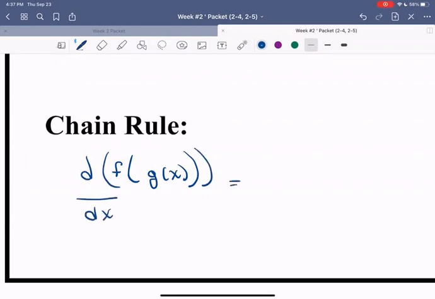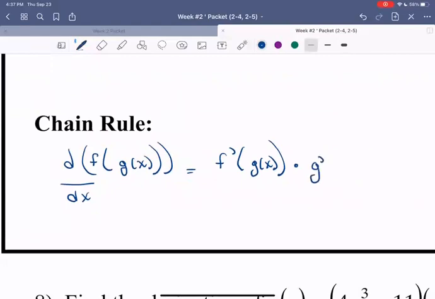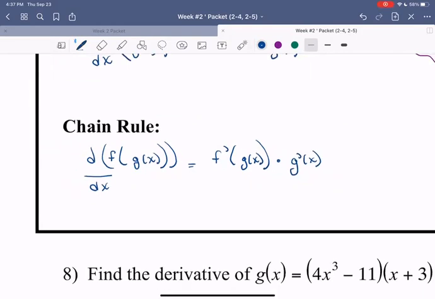Then the derivative of this function is the derivative of f with respect to g of x times, not done yet, the derivative of g of x. So this one might sneak up on us sometimes. Many functions are compositions. And so the more examples that you do of these, the more practice you get, the more comfortable you'll be with computing that.